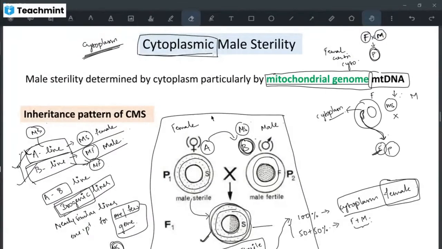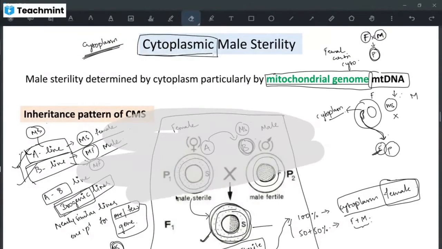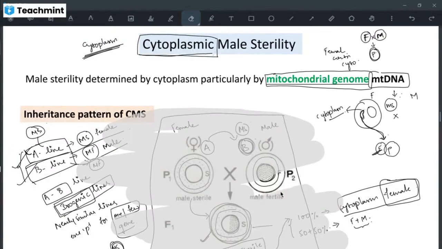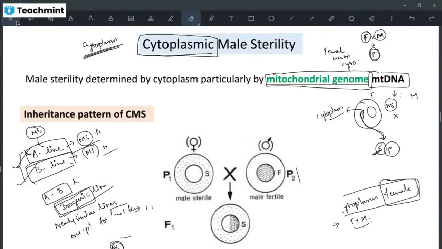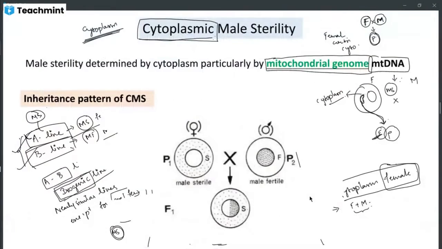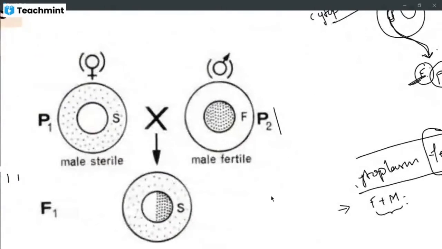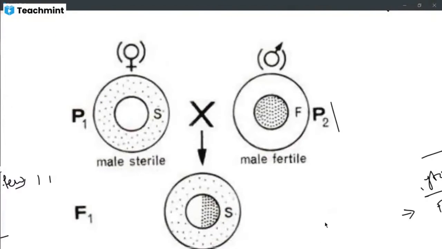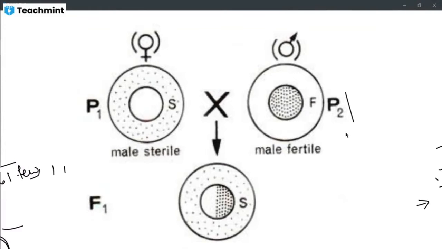let me clarify. If you observe this picture carefully, the dotted one is your female parent. This is your sterile cytoplasm. And this is your male one, which has the fertile cytoplasm.